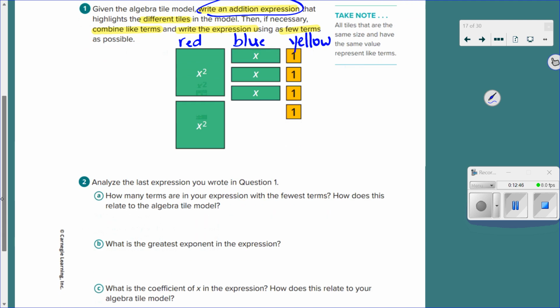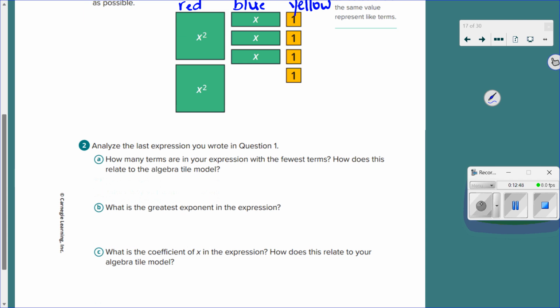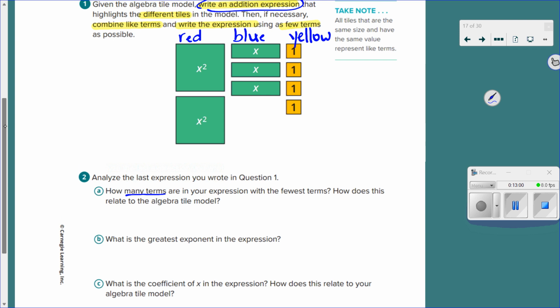So the first one is all laid out for us. First question: how many terms are in your expression? We were supposed to write the expression first, right? What was the addition expression you came up with to show our model? How do you say that?